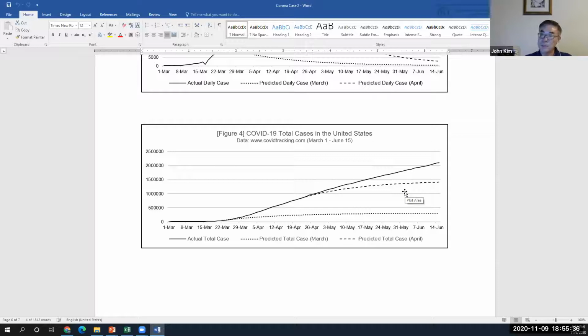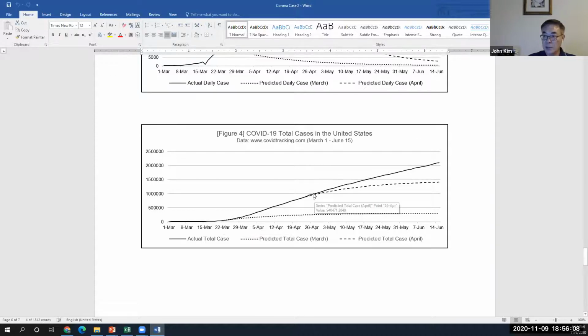Then we predict, if face mask requirement nationwide started when the social distancing nationwide order was enacted.